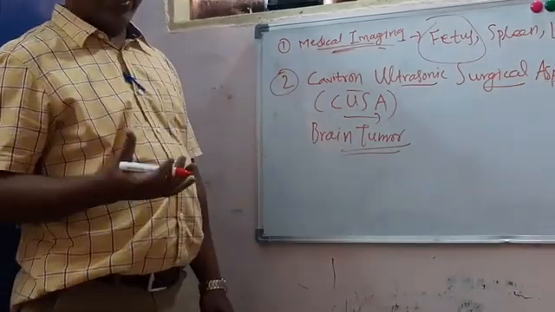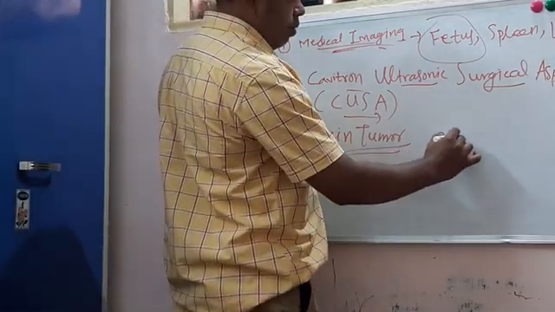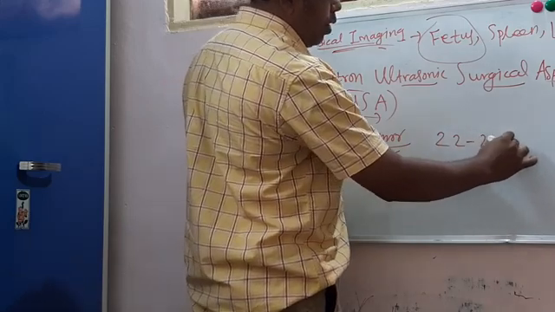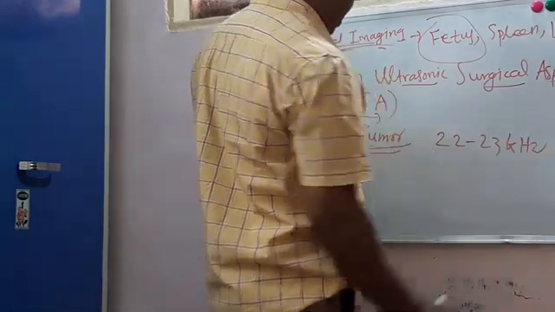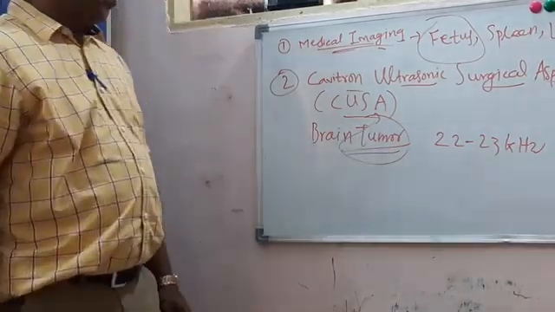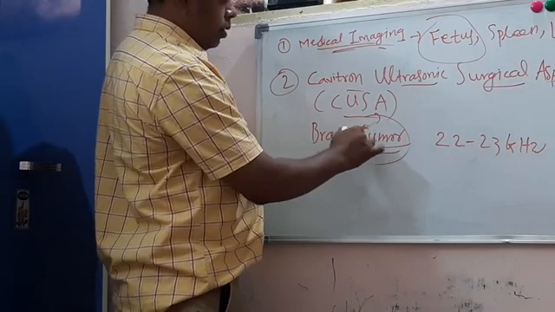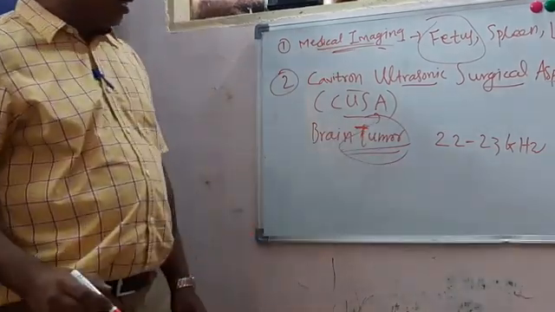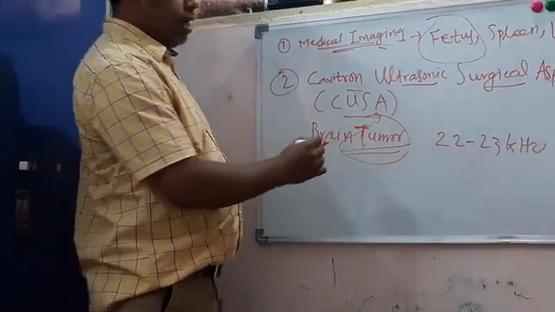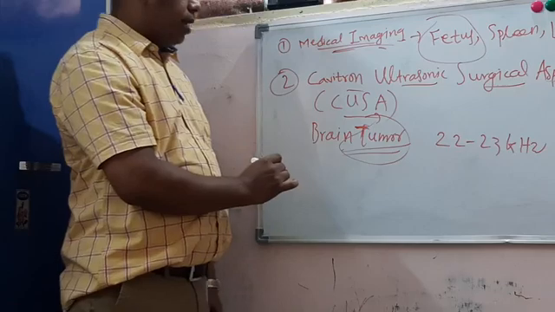When high energy ultrasonic waves of around 22 to 23 kilohertz are incident on a brain tumor, it shatters the tumor, and the residues can be removed using an aspirator.